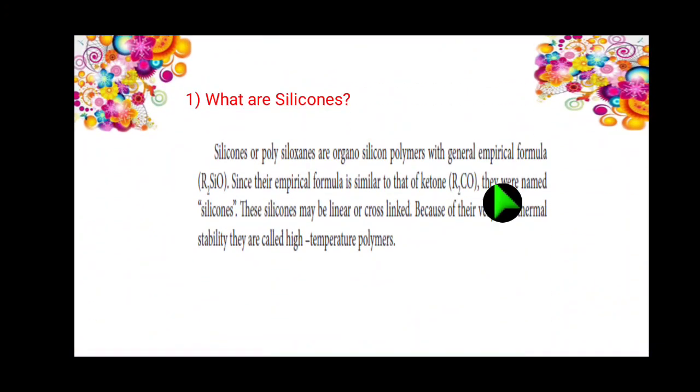First, we should know what are silicones. Silicones are polysiloxane or organosilicon polymers with general empirical formula R2SiO.